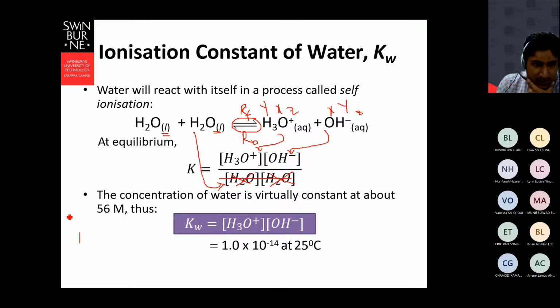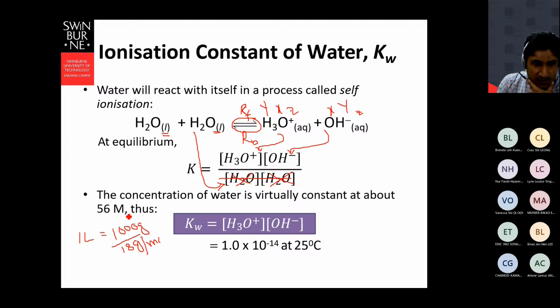Like 1 liter of water at normal temperature and pressure, it will have 1000 gram, right? 1000 gram. And what is the molar mass of water? 18, right? 18 gram per mole.